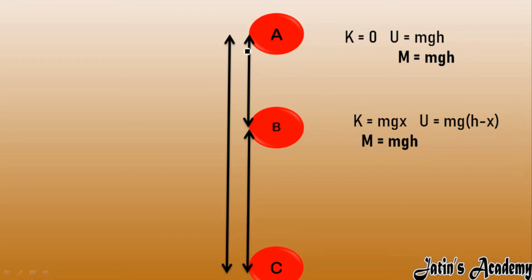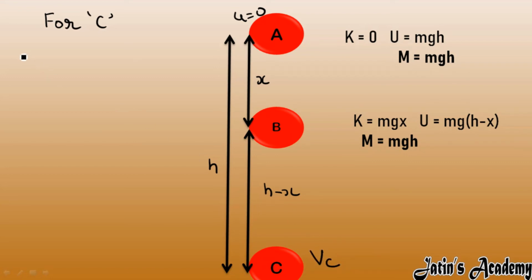Now we have to do the same derivation for point C. For point C, we again have this x, h minus x, and this is h. Now carefully see. Here the initial velocity is 0, because initially the ball is at rest, and the final velocity we take as vC.